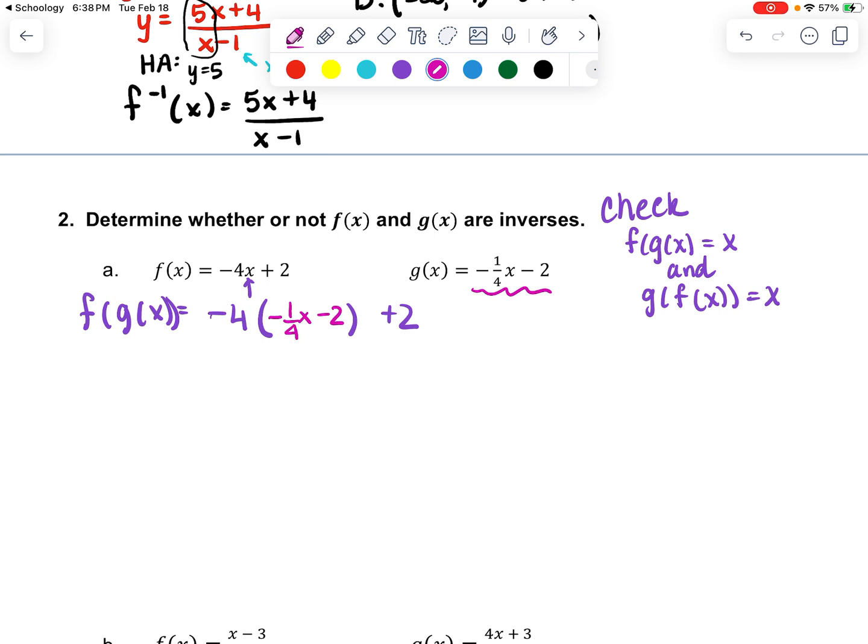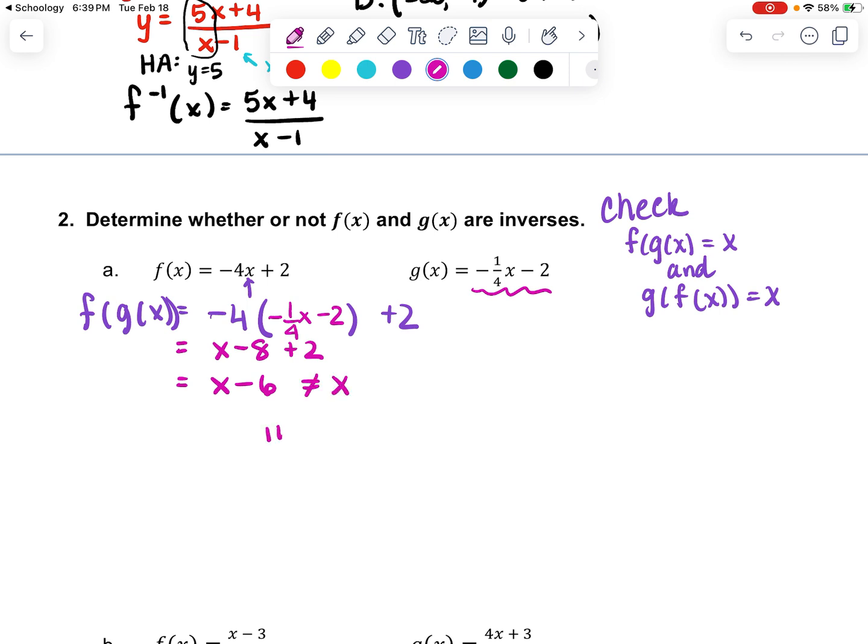And right here, if I go ahead and simplify, I'm going to get, I believe, x minus 8 plus 2. And when I simplify, I'm going to get x minus 6. That is not x.